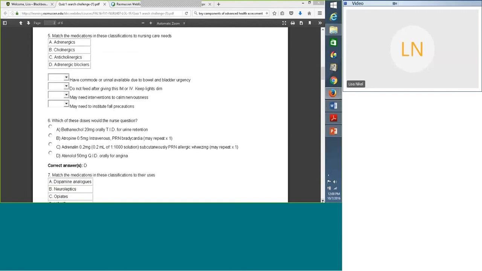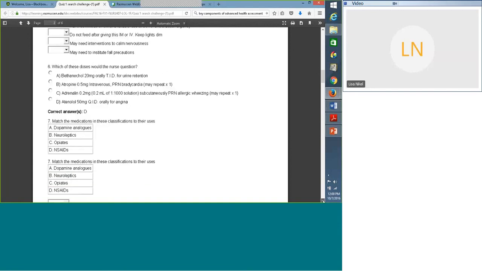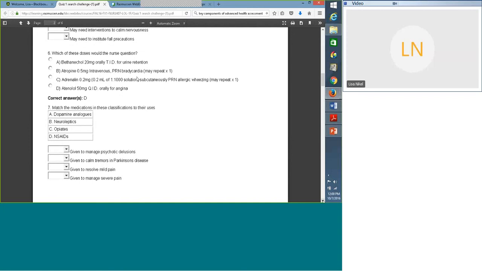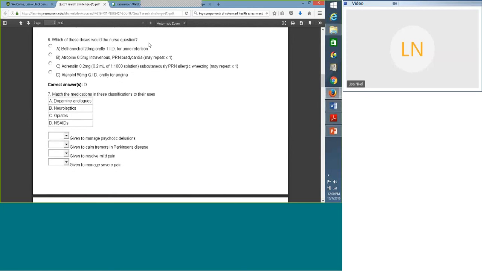When you have a question like number 6, it's saying which of these should the nurse question? This question is asking you to go into a resource like the Davis Drug Guide and look up each drug and find out, oh, is 20 milligrams orally, and you'd have to know what TID meant. It means 3 times a day. Is that a dose that is acceptable for urine retention?